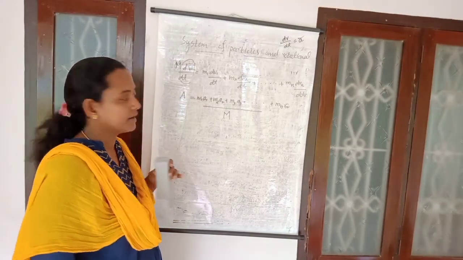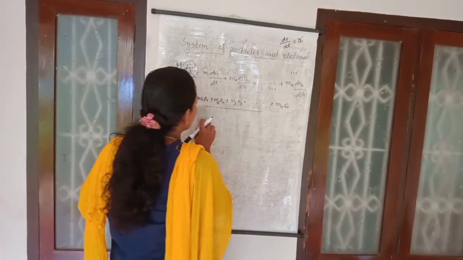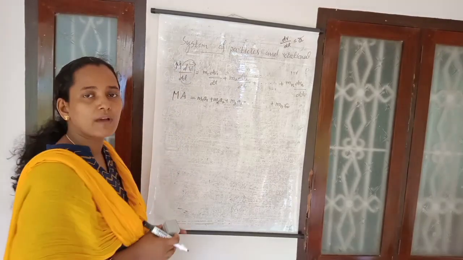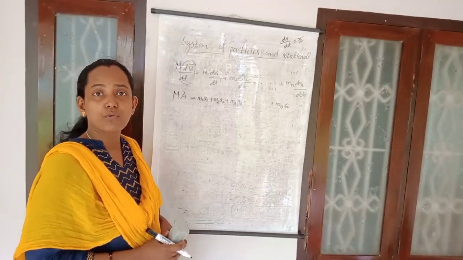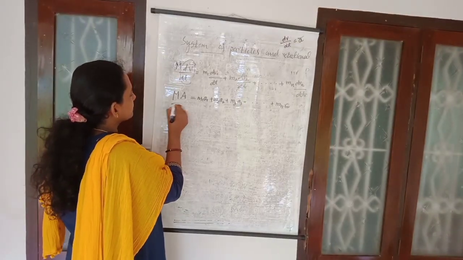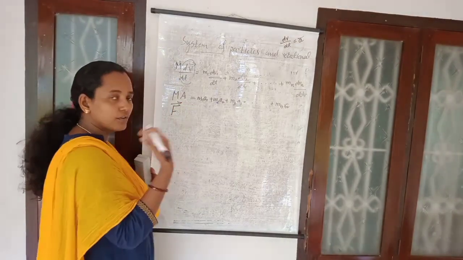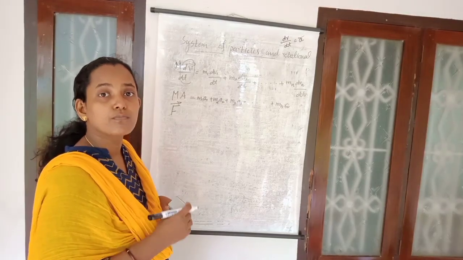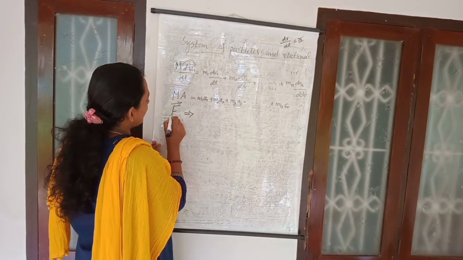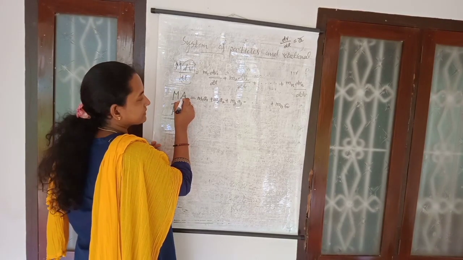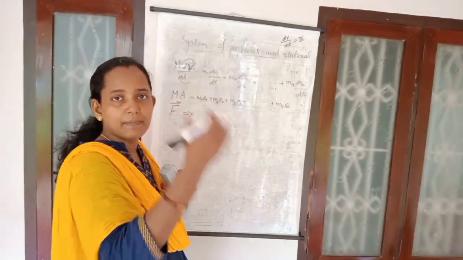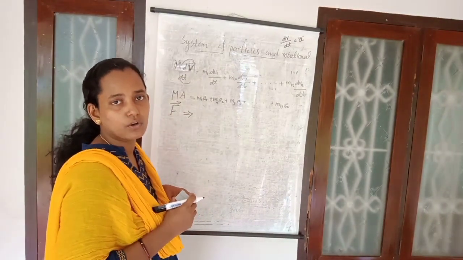That's about the acceleration of center of mass, in order to describe the motion of the center of mass of a rigid body. And from here, MA, what is mass into acceleration? As per Newton's law of motion, we know that mass into acceleration of a particle is force. So this is the total force exerted on the center of mass of a system. Here A stands for the center of mass acceleration, capital V stands for the velocity of the center of mass, and capital R stands for the position vector of that center of mass.